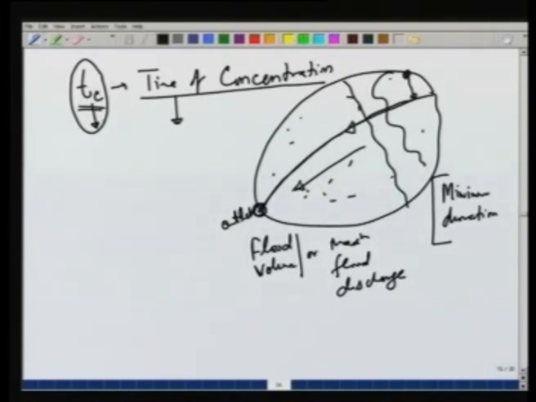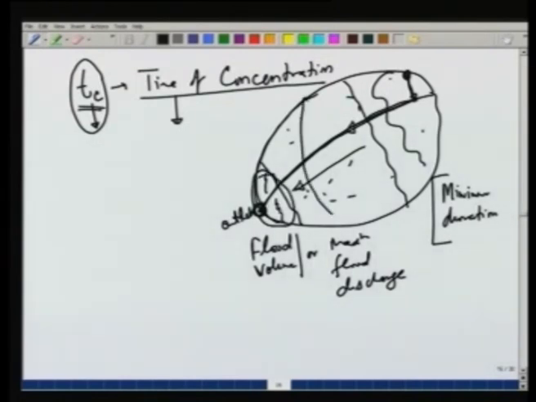If suppose we take our duration less than Tc, then what will happen is that the rainfall has already finished over this area. This water will take a time of Tc to reach the outlet. So, at this time Tc, the entire area of the catchment is not contributing to the flow, because the rain has already stopped and therefore, this area may not be contributing to the flow.